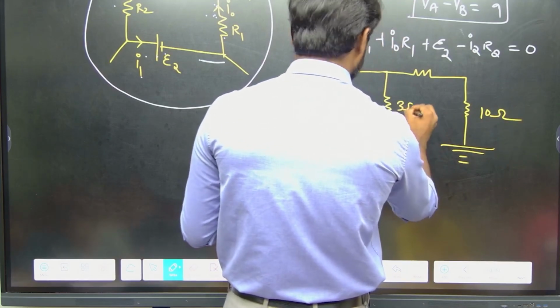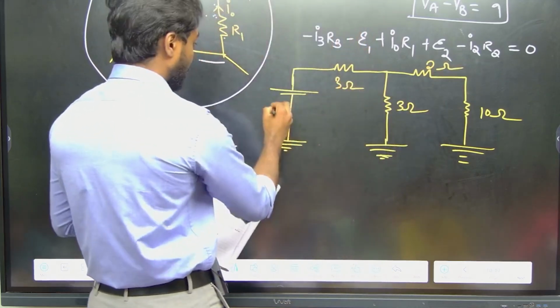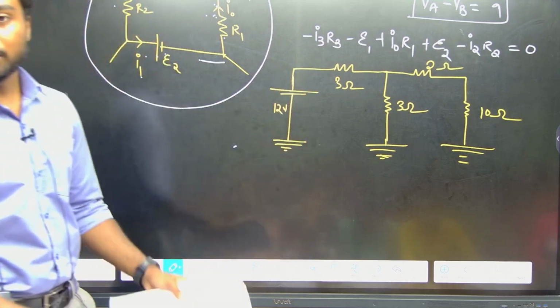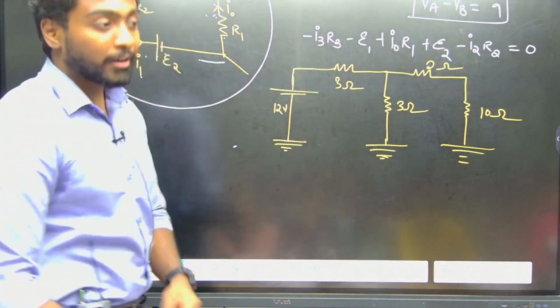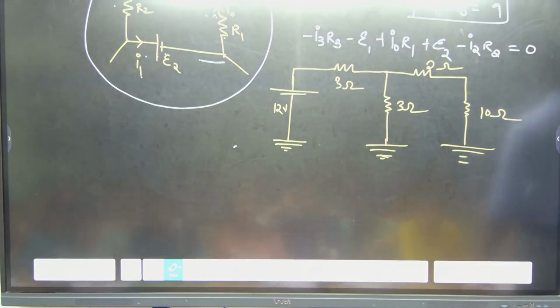Ohms, 3 ohms, 2 ohms, 3 ohms and 12 volt. So this is the diagram. I need to find what is the current flowing in this circuit. Okay, this is the diagram.